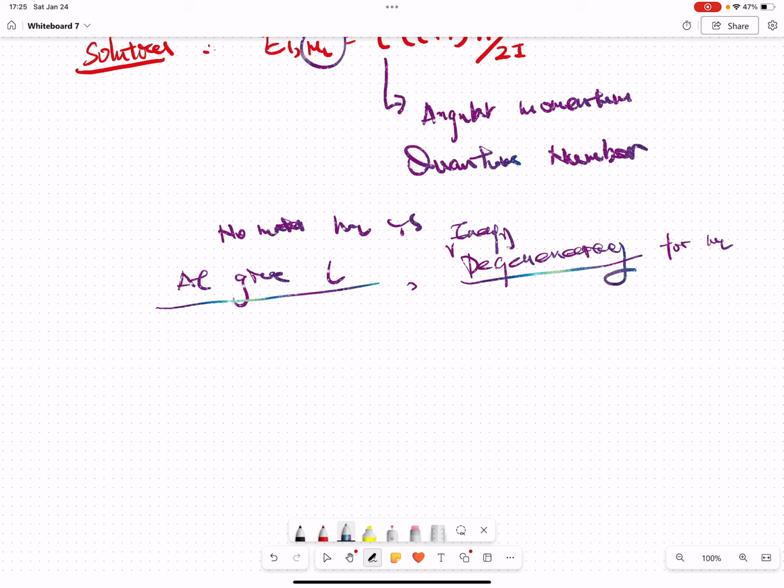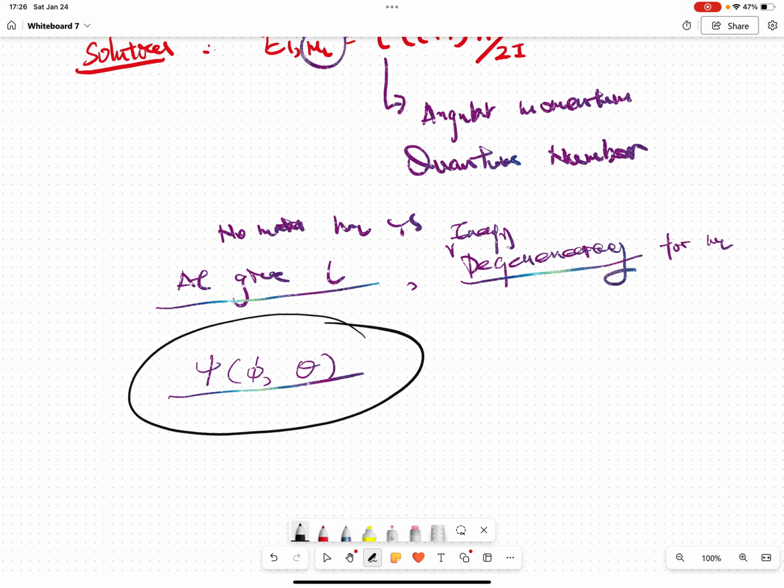Another thing I expect you to know is that you have to look at the book to see what the wave functions look like. The expression of the wave function is very complicated, but you should check the book, at least look at the distribution and the shape of those wave functions.